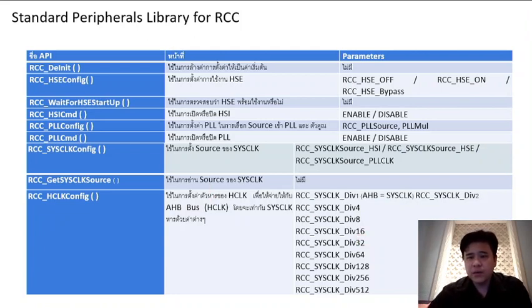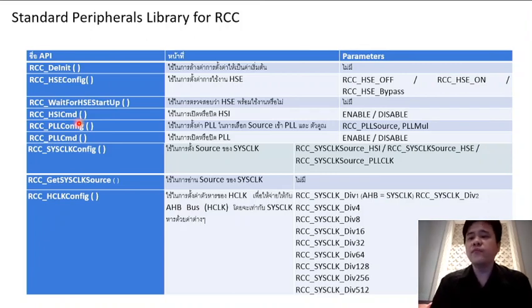Or you can do this one: the HSI command, and you just give enable or disable to this function as a parameter, then it will enable or disable your HSI. As you can see here, it's very useful, understandable and easier to follow, right?